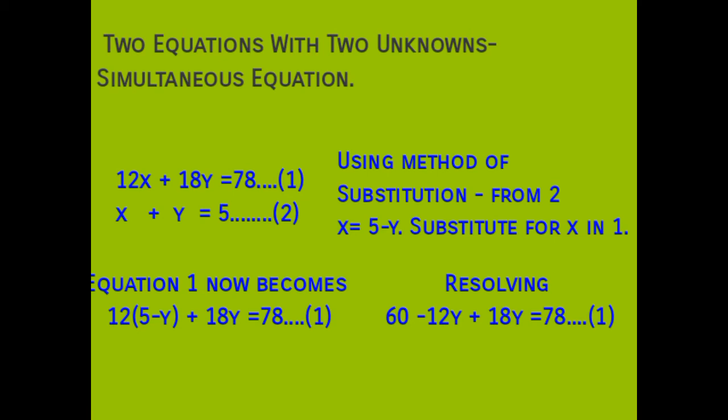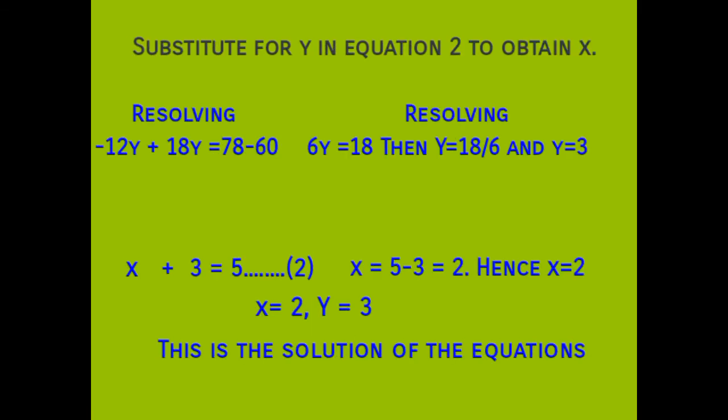So instead of having 12x, we have 12 into bracket 5 minus y, plus 18y equals 78. When we resolve it, it becomes 60 minus 12y plus 18y equals 78, and that gives us 6y equals 18, and then y equals 18 over 6, and then y equals 3.